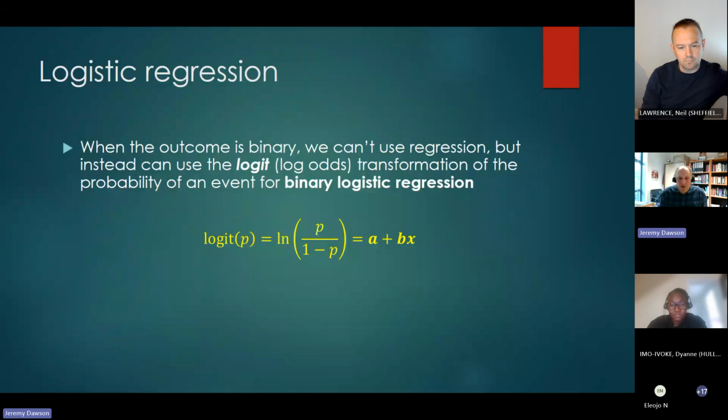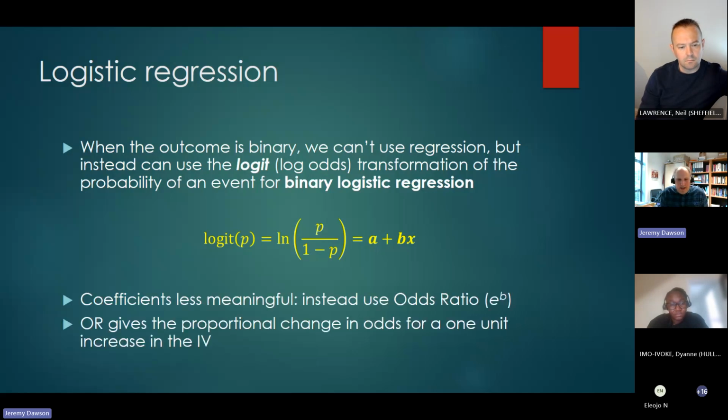And that is then set as equal to, well, if it's a simple case with one predictor, a plus bx, or if you've got multiple predictors, we'd have more x variables on there as well. So in some senses, this is quite similar to linear regression. It's just we can't draw that more direct comparison, and the coefficients we get out of it are less meaningful. The b in this equation can't be directly interpreted.